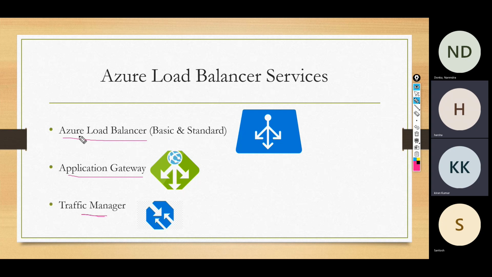As of now, I have seen Azure Load Balancer, Application Gateway, and Traffic Manager. We'll discuss them one by one, understand how each load balancer works and in which scenario to use which one, and also do the practicals so that we get more idea.